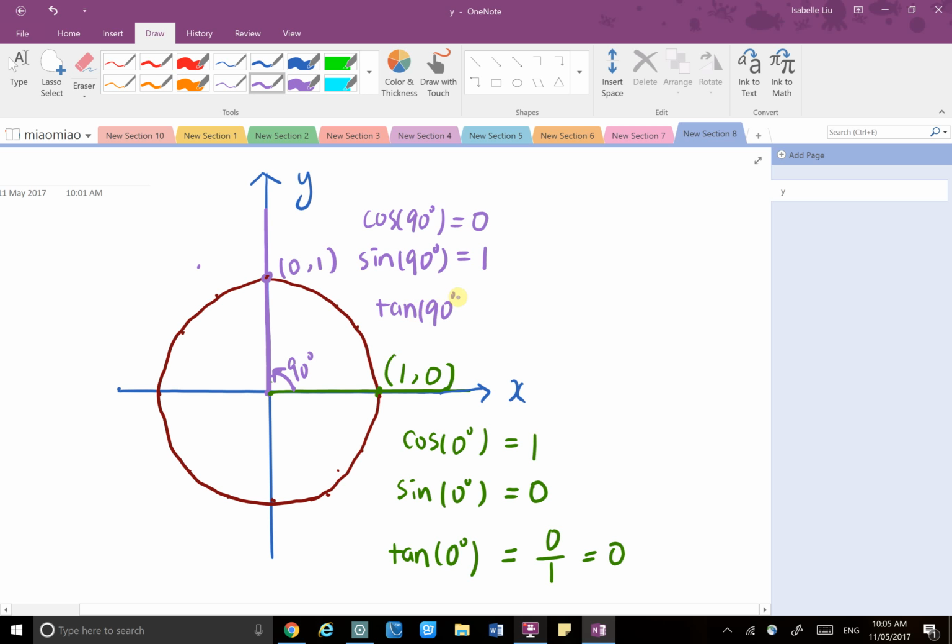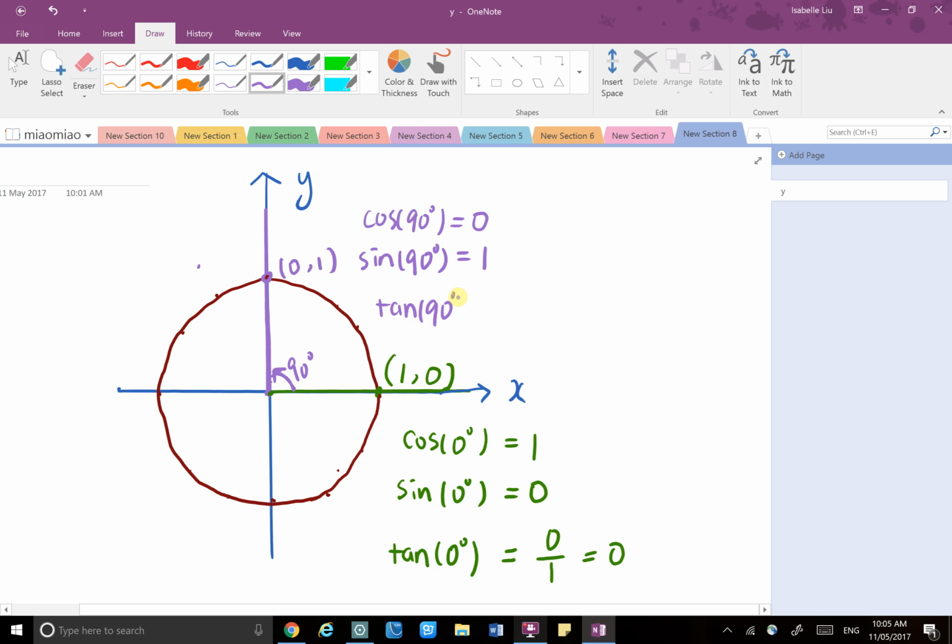Have a guess at 270. What do you think you have? -1, 0, and undefined. We can still have a look at this. We have a red one for 270 degrees. From here to here, that's 270.